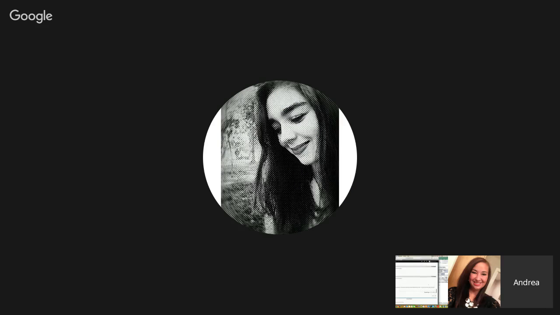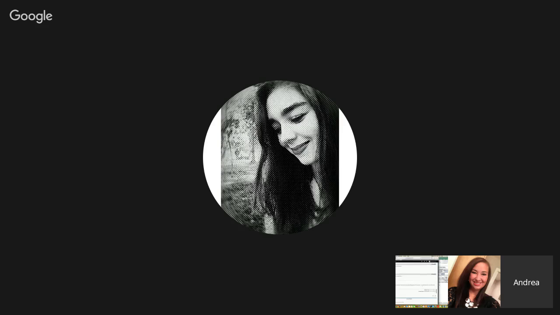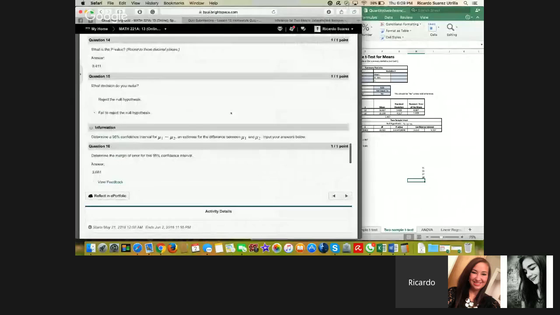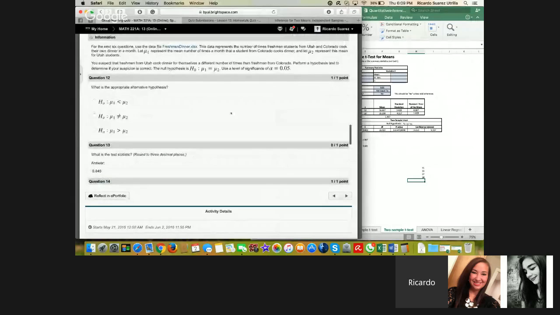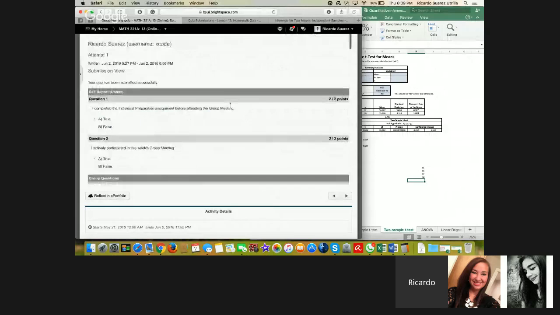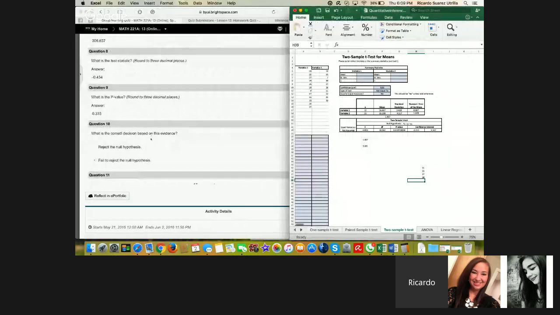What I've been reading is to get the lower bound, you just subtract the two means, and to get the upper bound, you just add the two means. I had a formula, but we're supposed to get everything just using the chart. Well, we don't want to mess up in the homework quiz. So probably there's something that we're doing wrong here.